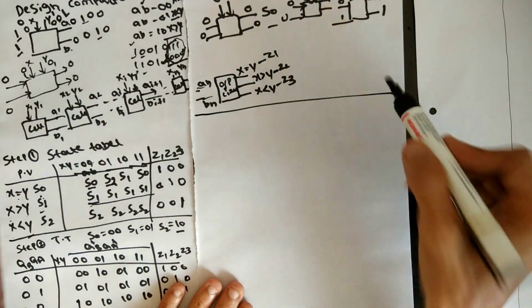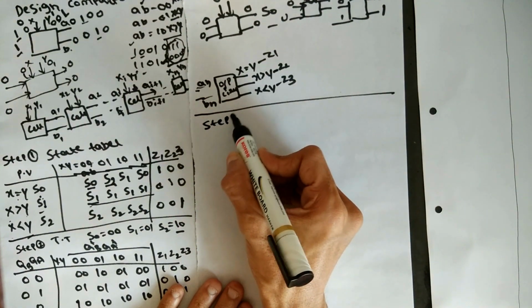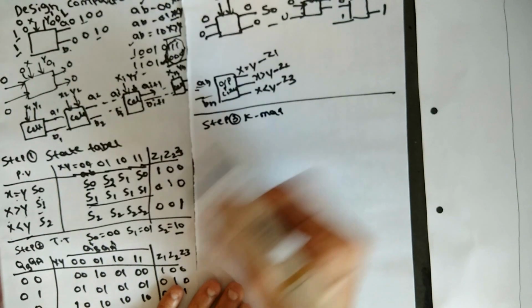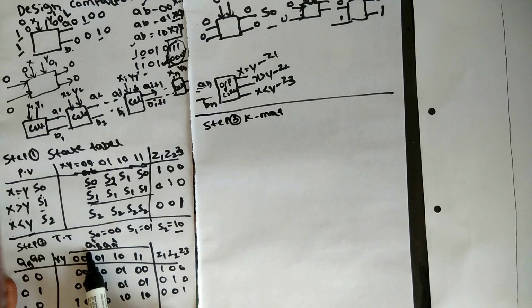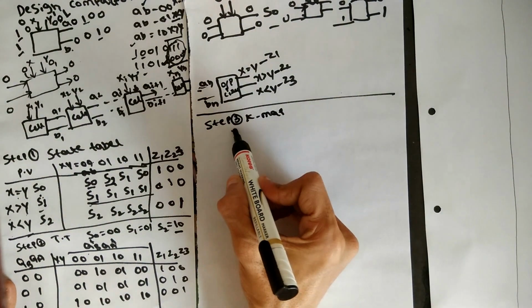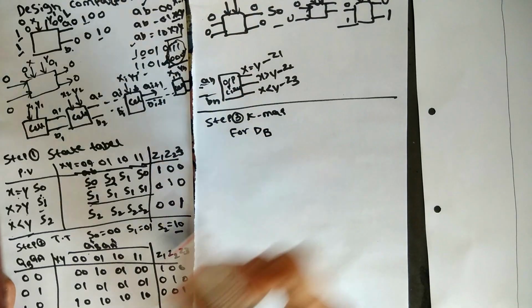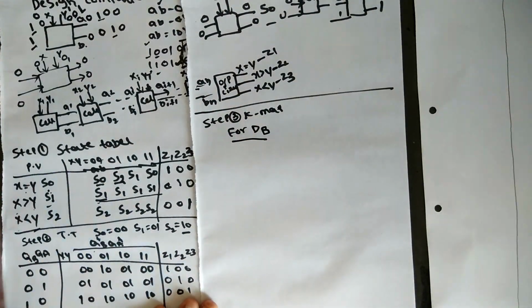After that we will go for step 3. In step 3 we have to make a K-map such that we fill the values wherever 1 is present. This is QB QA, this is QB plus QA plus. I have to do this for DB. We already know that DB and QB plus are the same, so wherever QB plus is 1, I have to take that.